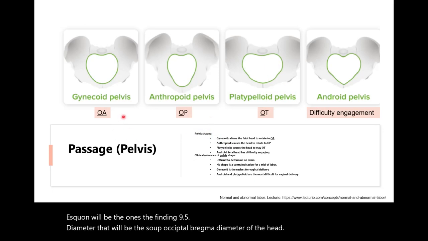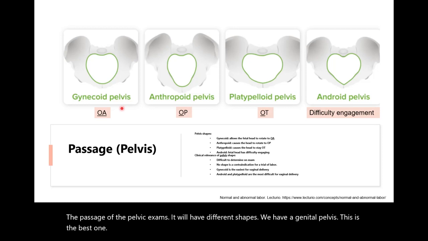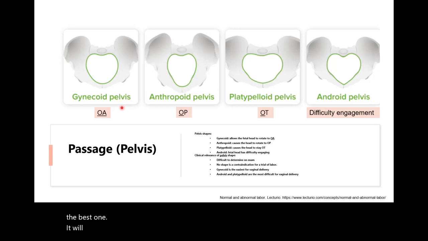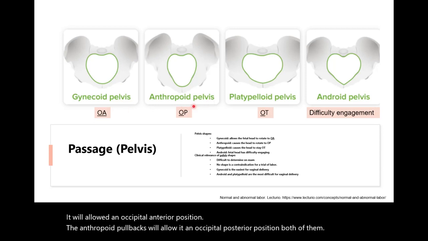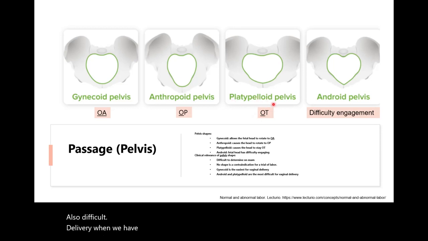Also, the passage, the pelvis, will have different shapes. We have a gynecoid pelvis. This is the best one. It will allow an occipital anterior position. The anthropoid pelvis will allow an occipital posterior position. Both of them will permit vaginal delivery. It will be difficult to engage the android pelvis, and it will also be difficult to deliver when we have a platypelloid pelvis.